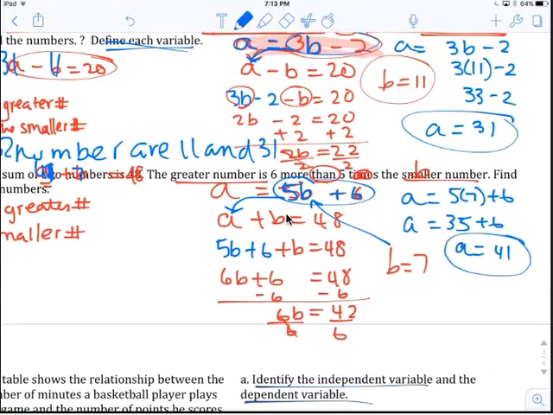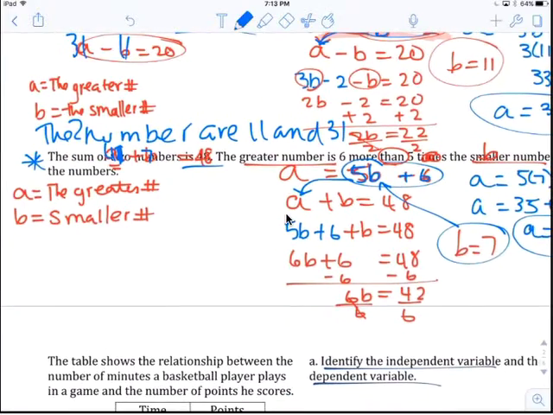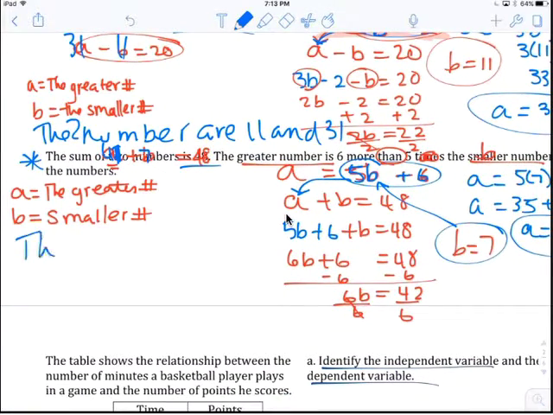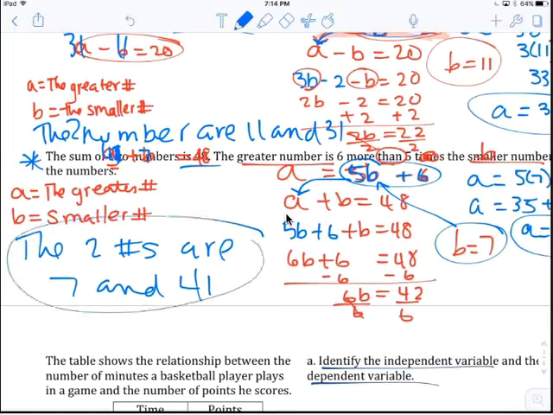Double check yourself, it is 48. So the two numbers are 7 and 41. Together, the sum of them is 48.